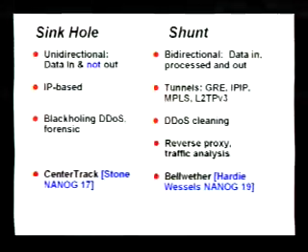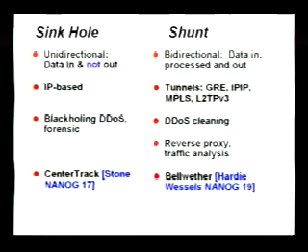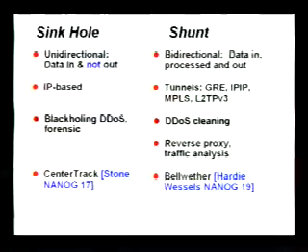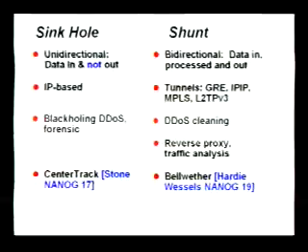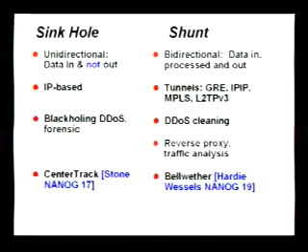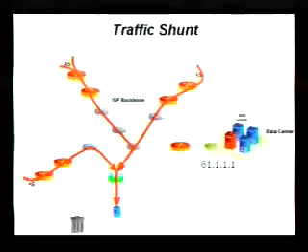And as we see the applications, in one of them you just black hole the DDoS traffic. In another one you can use it to clean the DDoS traffic or to do reverse cache proxying. And one method was already introduced by the UUNet crew at the 17th NANOG. And as I mentioned earlier, the reverse cache proxy by Hardie and Wessels can be used in the shunt.